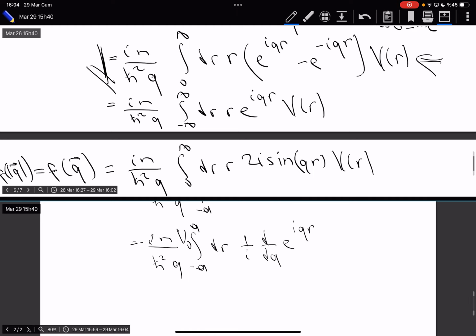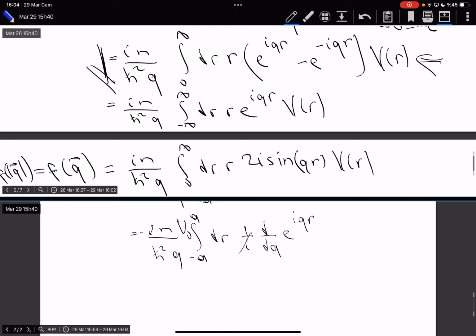Well, these i's also cancel. I have minus m over h bar squared q v0. The q derivative I can take out of the integral. The remaining integral is e to the power i q r divided by i q. q changes from minus a to a.